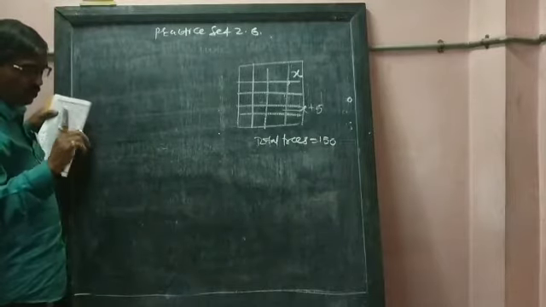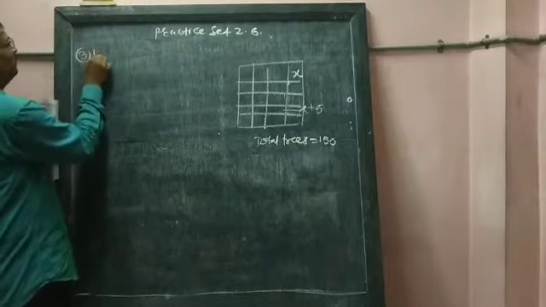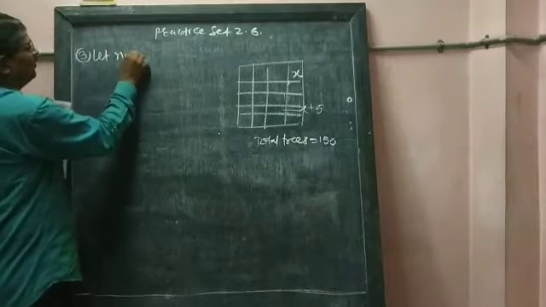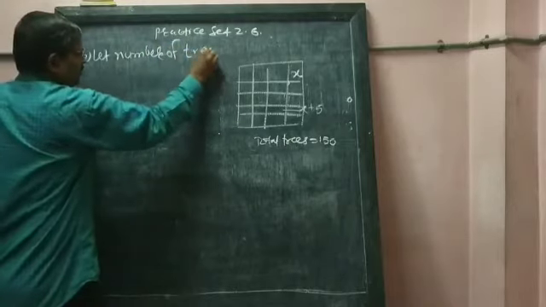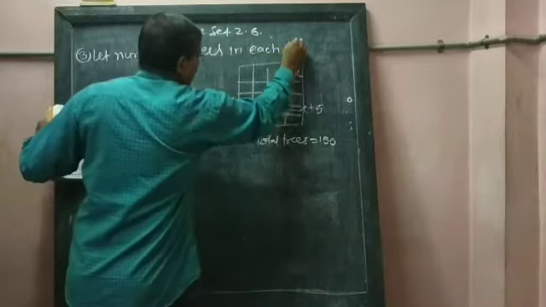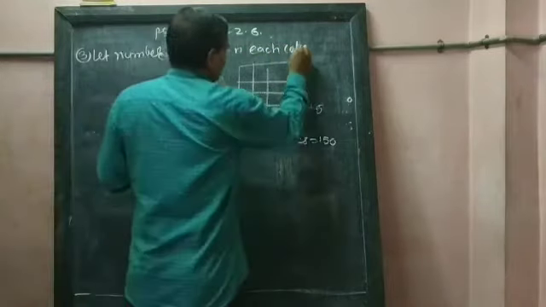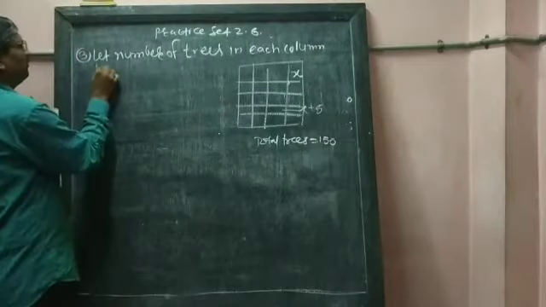No number of trees is given in the column, so we will consider: let the number of trees in each column be x.